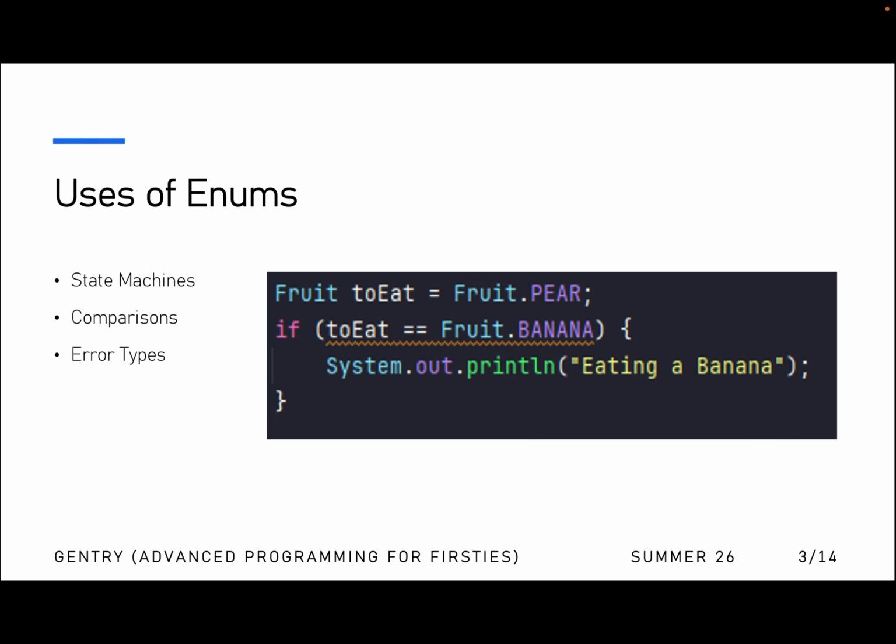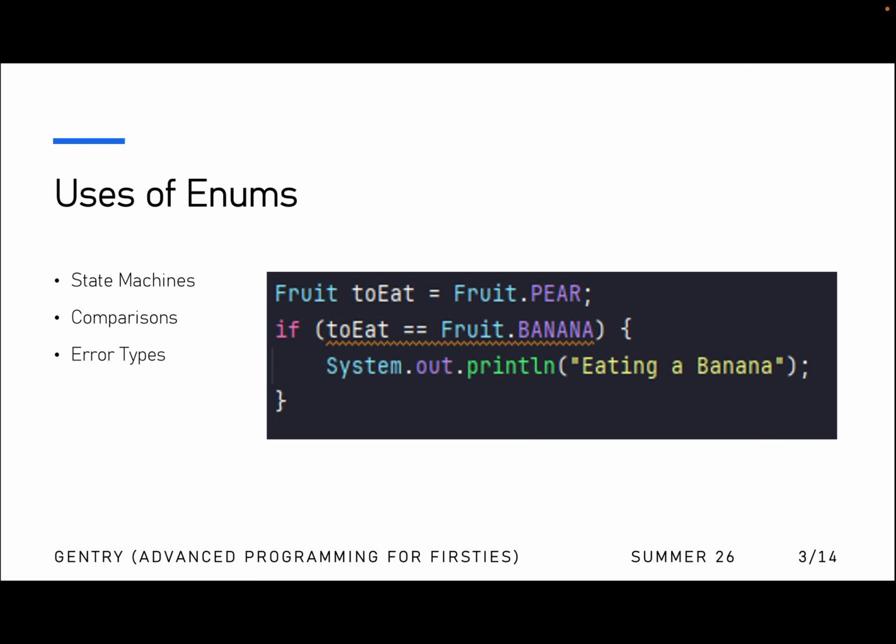So for the uses of enums, they're incredibly useful in state machines. You can use them for comparisons, and typically in industry, they're used for things like error types and making sure that errors are handled correctly.